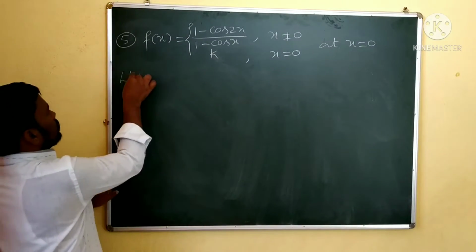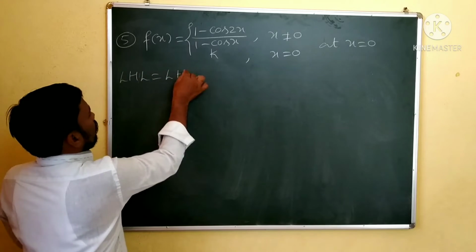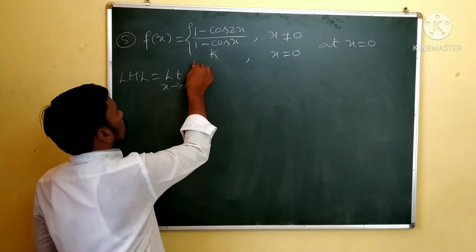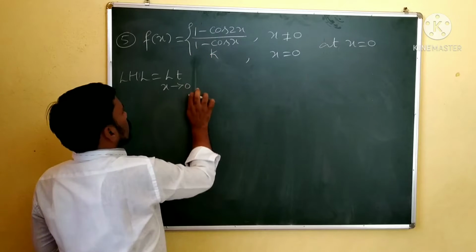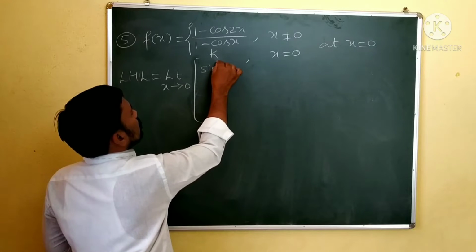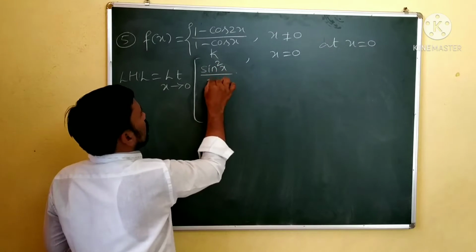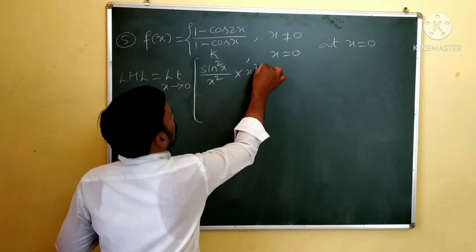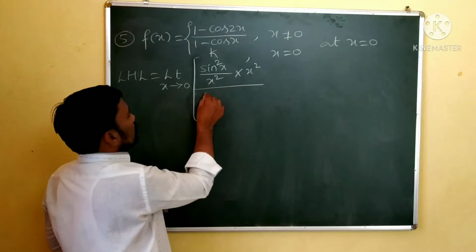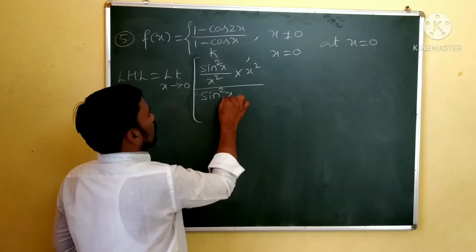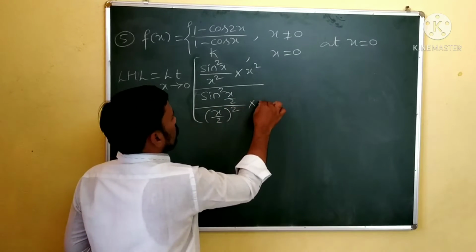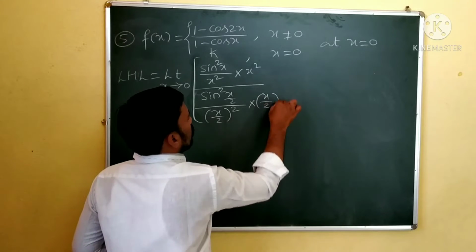This is LHL, equal to limit of x tending to 0 of sin square x by x square into x square, divided by sin square x by 2 divided by x by 2 whole square into x by 2 whole square.